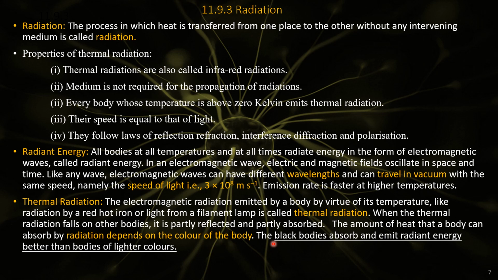It is also seen that black bodies absorb more heat, thermal energy, and they emit radiant energy. So they absorb as well as emit radiant energy better than bodies of other colors or lighter colors. This is also an important point.